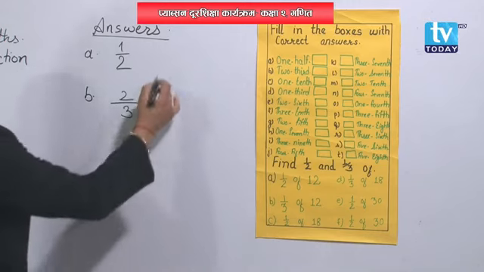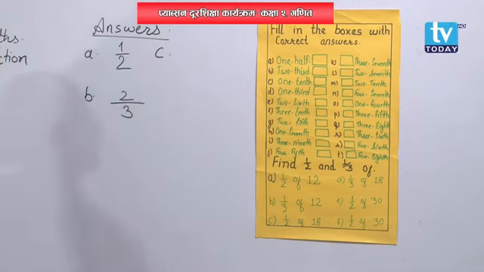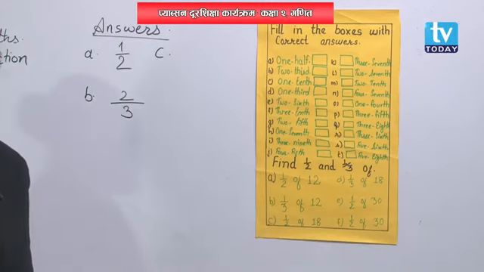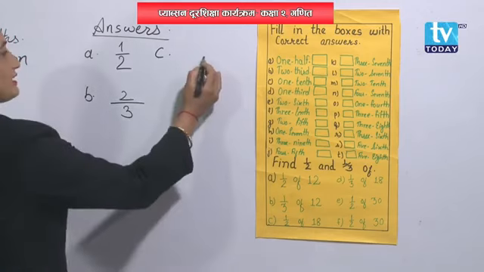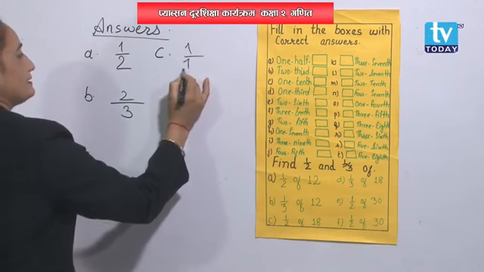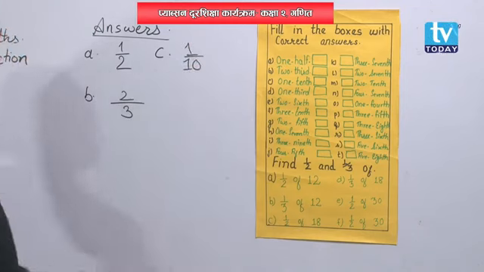Now it's time for C number. 1/10. So how to write 1/10? Out of 10 parts, 1 part is shaded. So how to write? Tell me, students. 1/10. Have you written? Okay.